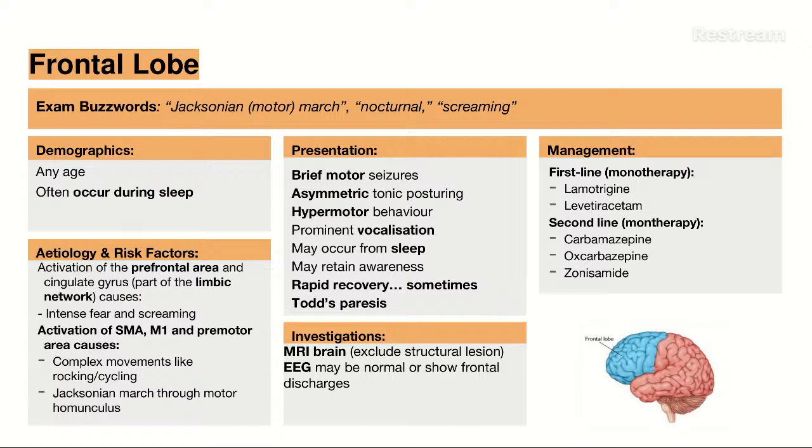Sometimes they also have vocalizations like crying or screaming. They frequently occur during sleep and may therefore be mistaken for parasomnias. Hypermotor behaviors like rocking or cycling can also occur because of activation of the motor regions, including the supplementary motor area, the motor cortex, and the premotor area.